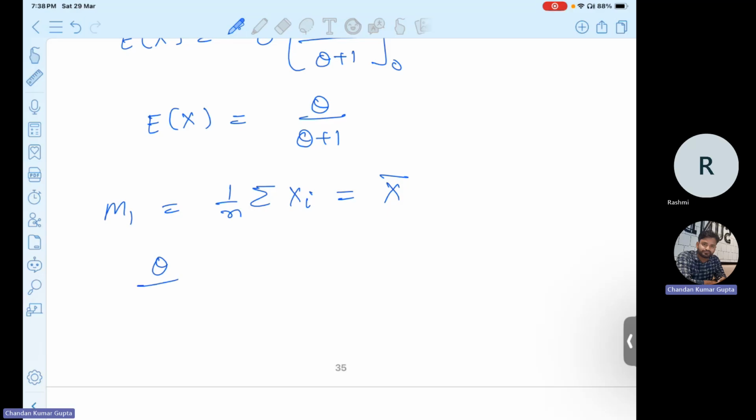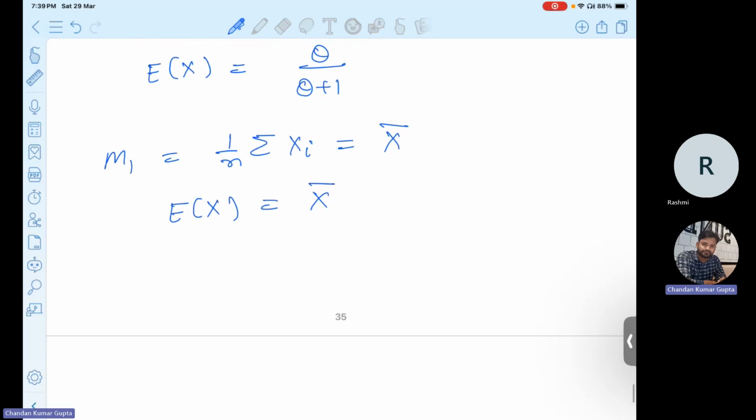So the expected value of x equals x bar. The population moment is equated with the sample moment. So theta upon theta plus 1 is x bar here.